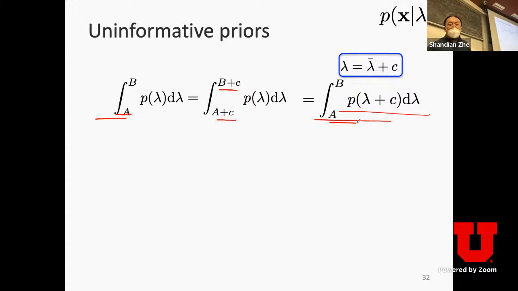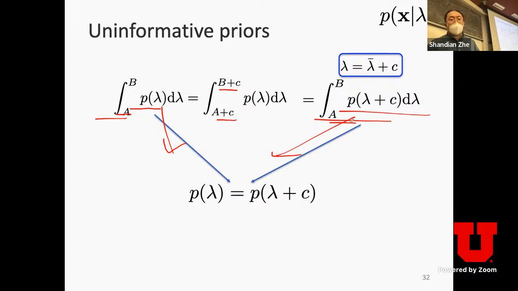Because this equation should hold for any choice of A and B, the integrand must always be the same. So P of lambda is always equal to P of lambda plus C. This tells us P of lambda won't change across the domain, so P of lambda is proportional to a constant. In other words, the uniform distribution is shift invariant.